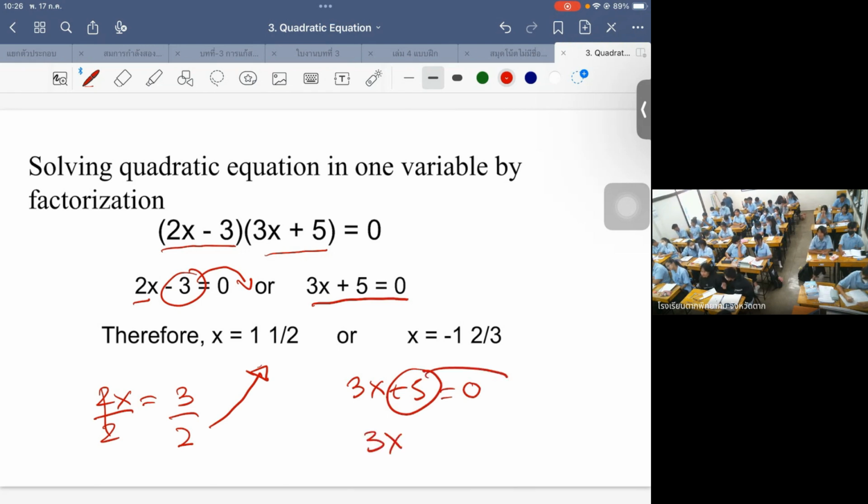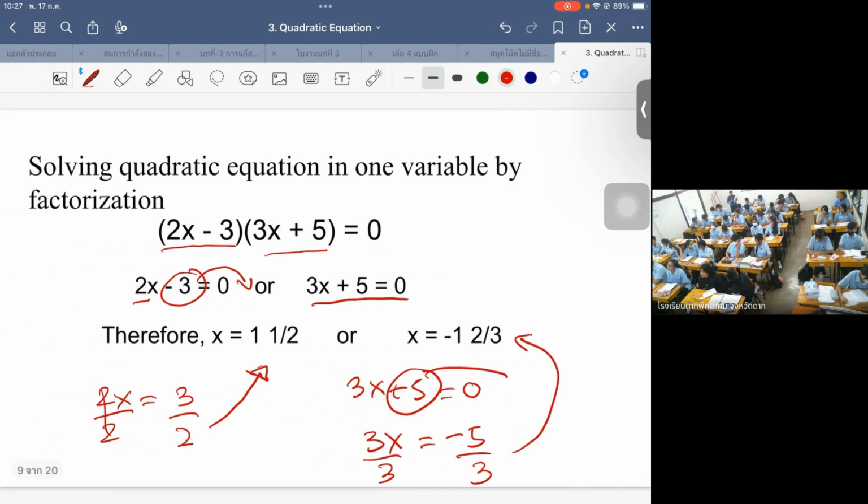So we have 3x is negative 5, over 3 and over 3. So our answer is negative 5/3, or negative 1 and 2/3. Okay? Always simplify your answer. So that is the answer.